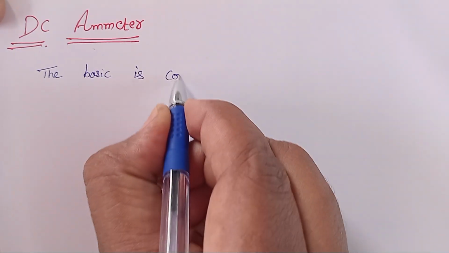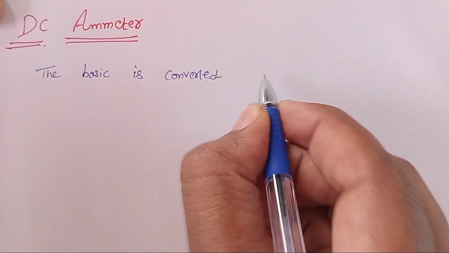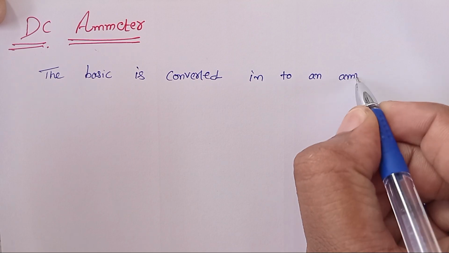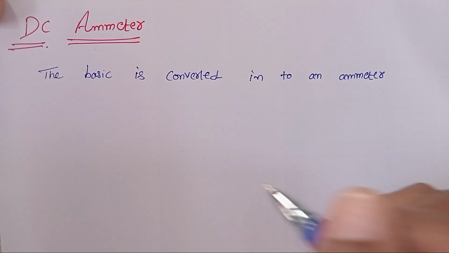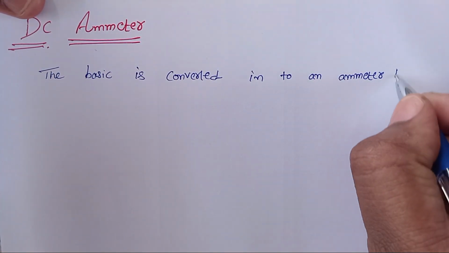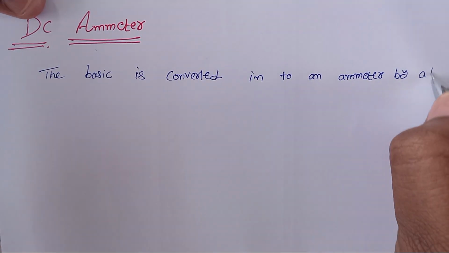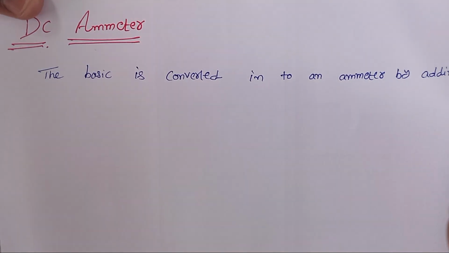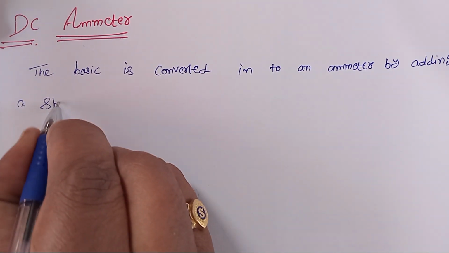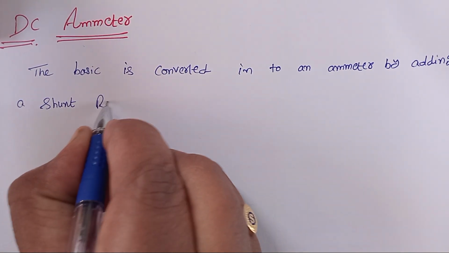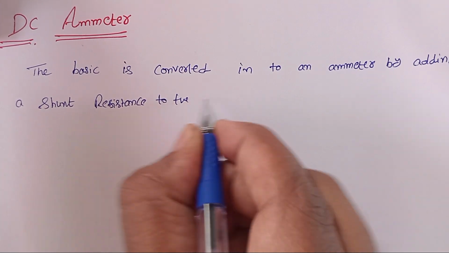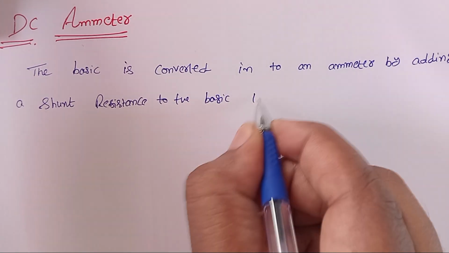is converted into an ammeter by adding a shunt resistance to the basic meter.